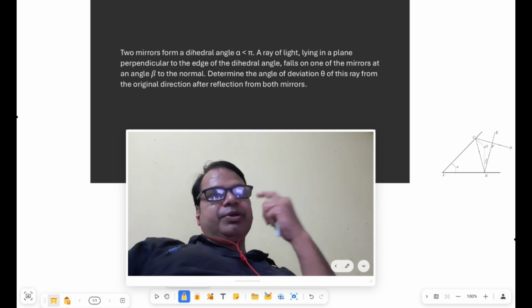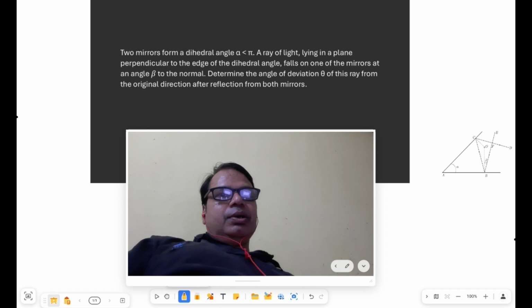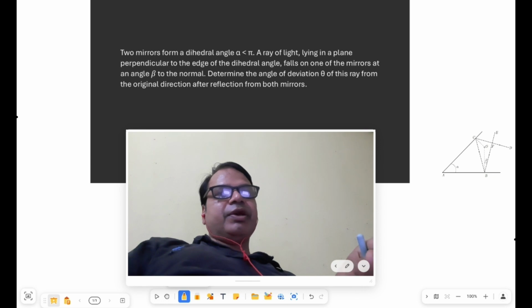The problem is obvious. The ray has to first strike one mirror and then it will get reflected from the second mirror, and we have to find the angle of deviation of the incident ray. That means both the incident and reflected rays will be treated like vectors, and we have to find the angle between the two vectors.